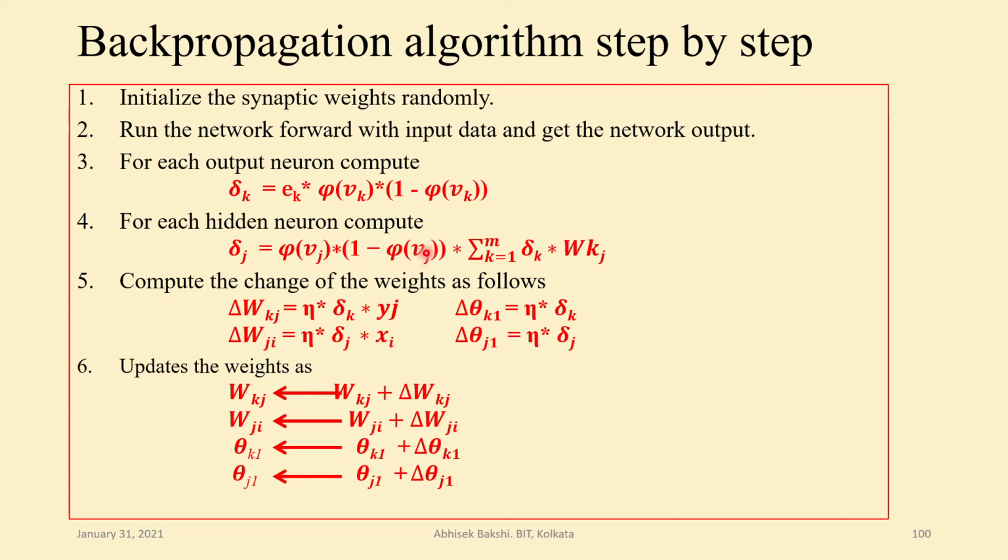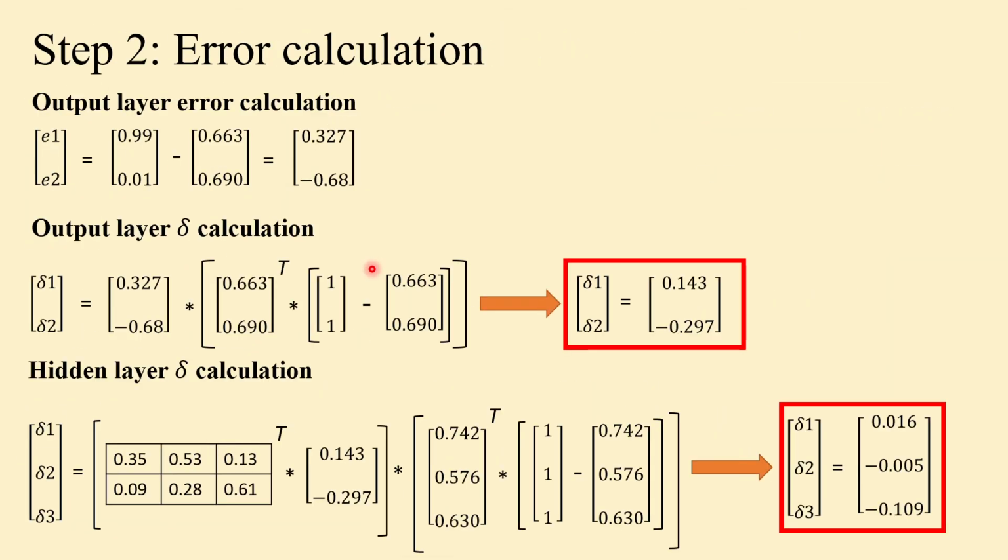And similar thing over here. So you see, basically what I have done, here I have three deltas naturally because I have three neurons in the hidden layer.